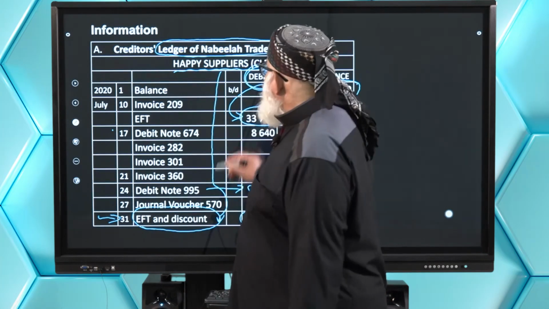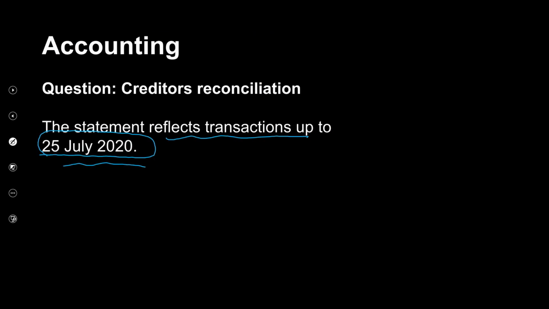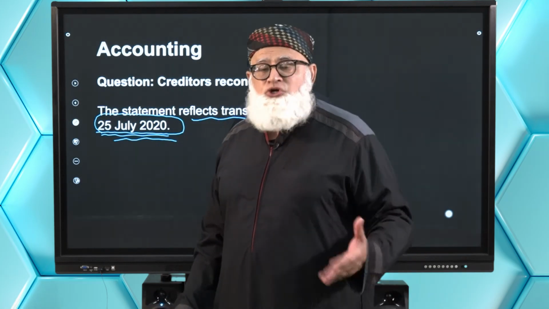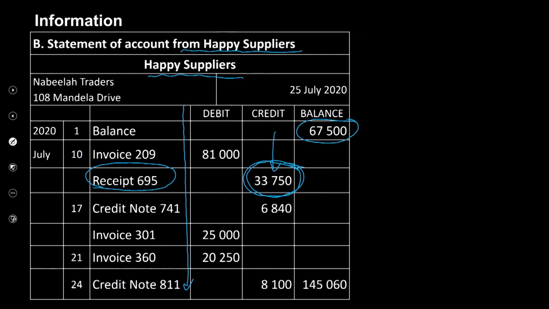Once again, it appears in our records. Why? Because we made the payment and we recorded it. But remember, the statement was already received by the 25th of July. So obviously, transactions after the 25th of July would not appear on the statement. I mean, that is obvious, as you can clearly see here. The last transaction that appears on the statement is actually the 24th of July.